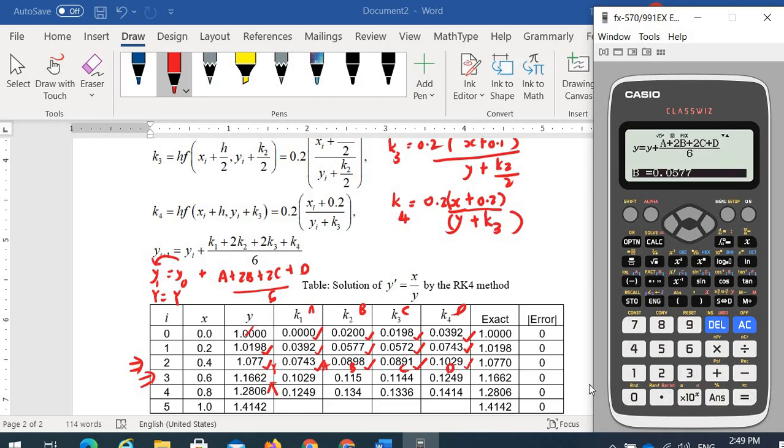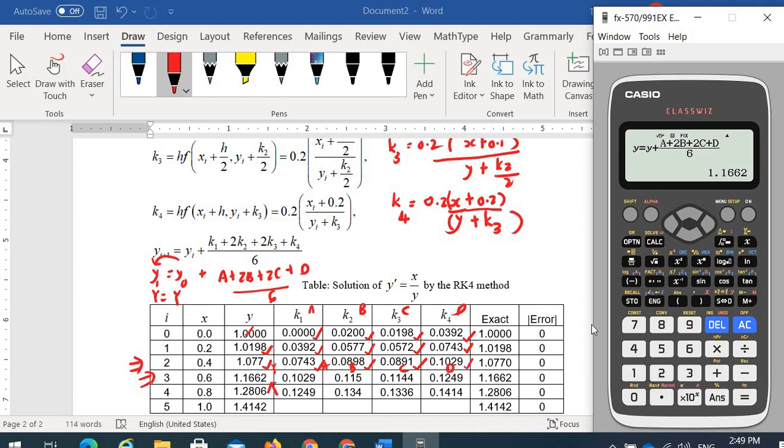B moves down from 0.0577 to 0.0898. C moves down from 0.0572 to 0.0891. D moves down from 0.0743 to 0.1029. You get 1.1662. So the process is repeated.